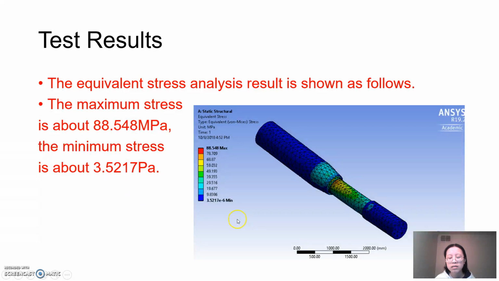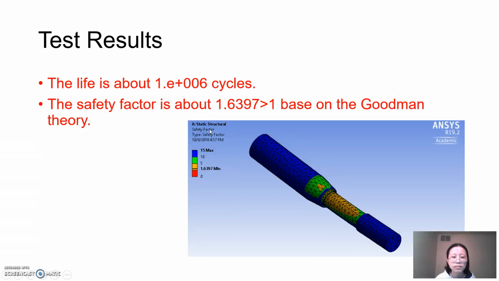We can calculate the amplitude stress, which is about 44.225 MPa. This is the life cycle. This is the life result. It's about 1e6 number of cycles.